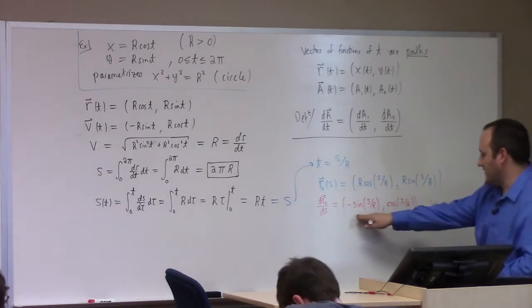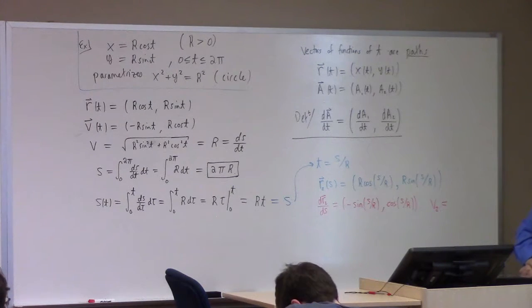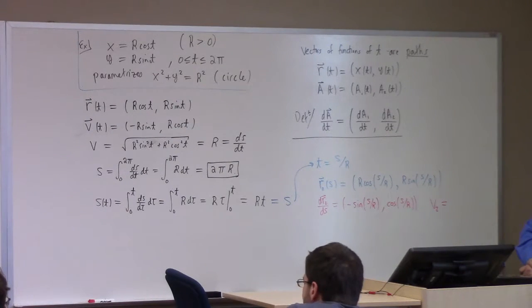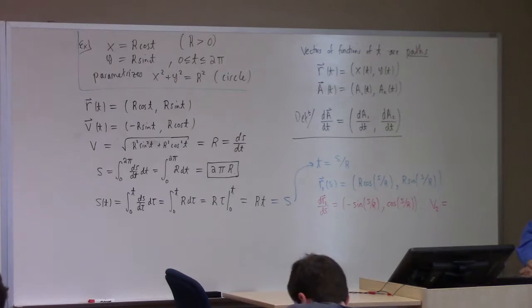What's the length of this vector? Square root of sine squared of s over R plus cosine squared of s over R.